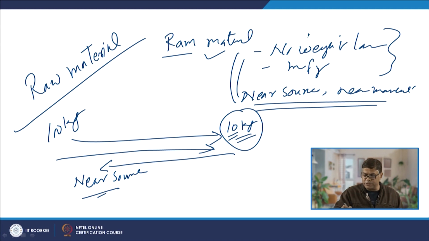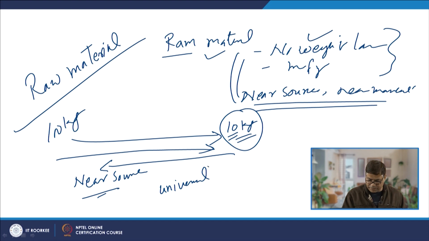One case is when there is no weight loss, no reduction, and the raw material is used as it is. The second case is where there is huge reduction in weight during the processing. In that case the plant is located near the source. And the third case is when the raw material is universally available and used in any of the forms in which it is available.